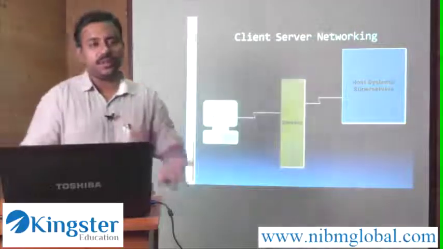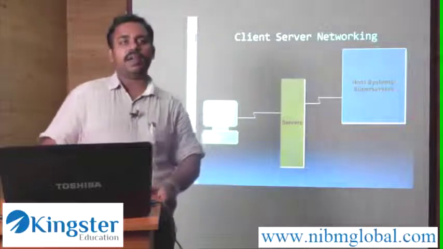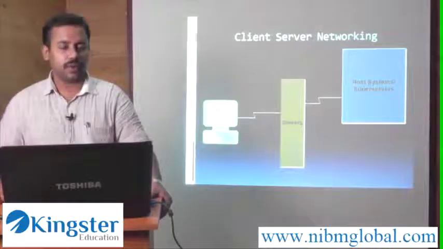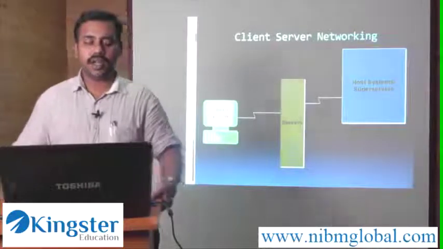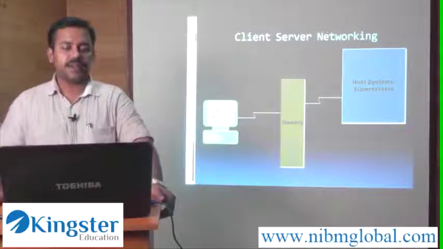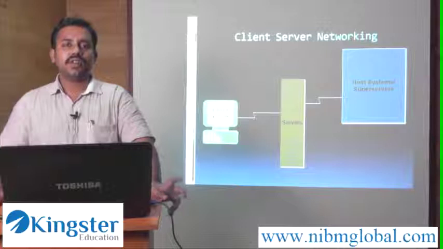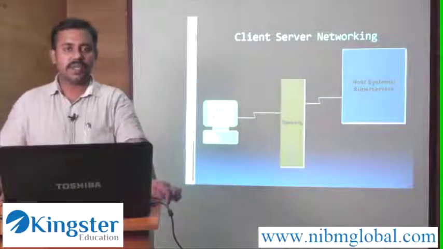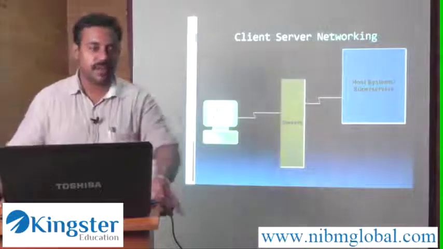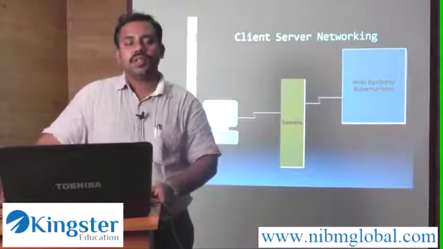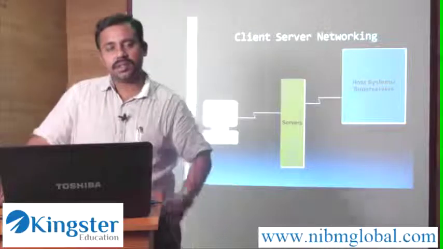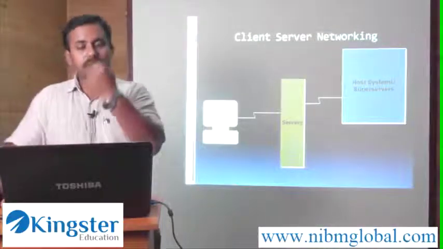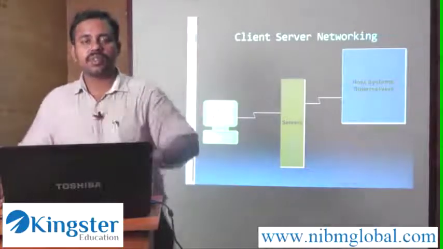Or when we log into the railway irctc.co.in for booking a railway ticket, the consumer is logging into the system, or connecting to the mainframe system of the railway, and once you start using it, he is interacting with the mainframe system in order to book the ticket.